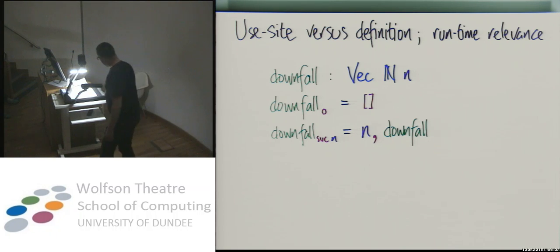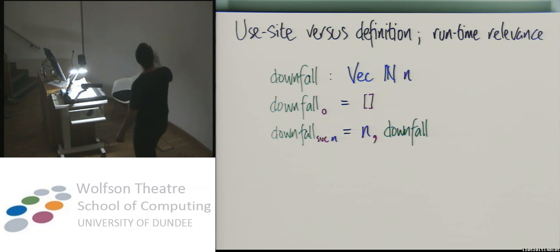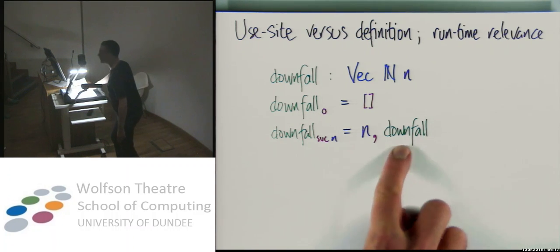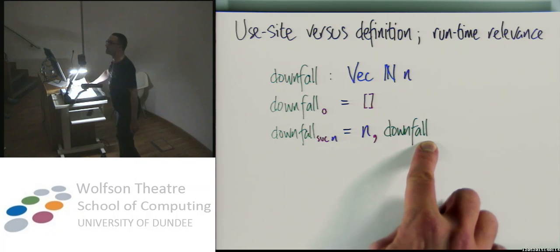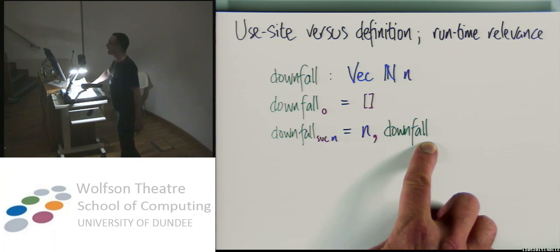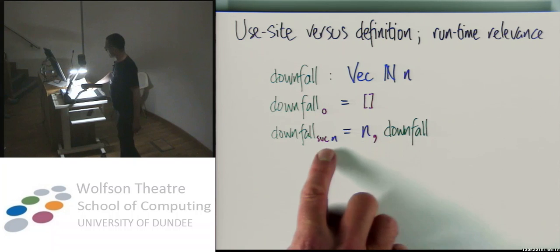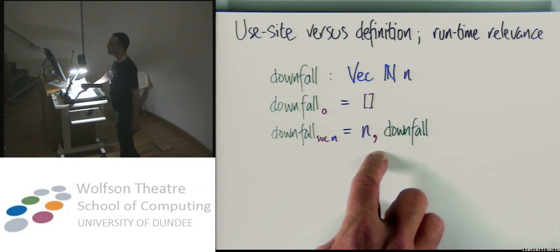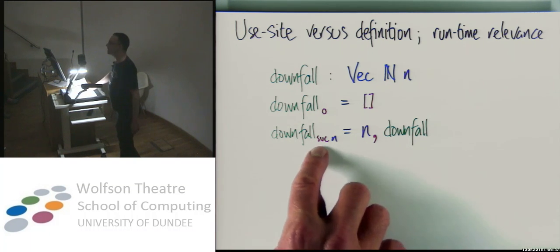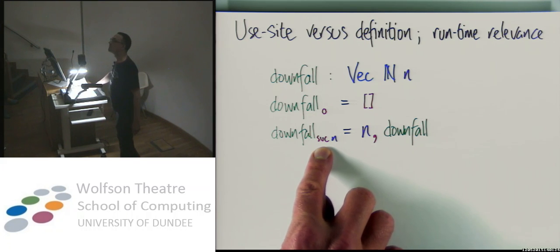But it's a nice thing that if you know the type in advance, you don't need, for example here, at this use site of downfall, to give the length, because we've got a cons, which I'm writing as a comma here, so it's got to be one less than this length.